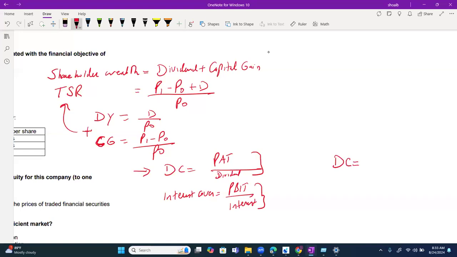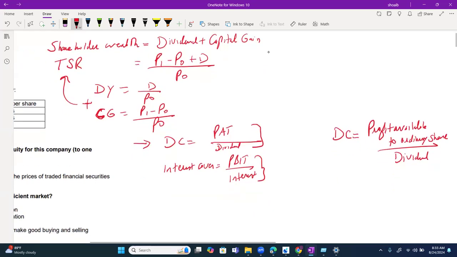So this is more likely this formula. Dividend cover is profit available to ordinary shareholder divided by dividend. Just like EPS, the quick formula of EPS is profit after tax divided by shares.